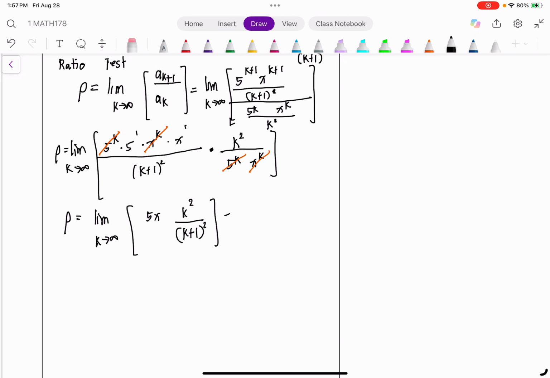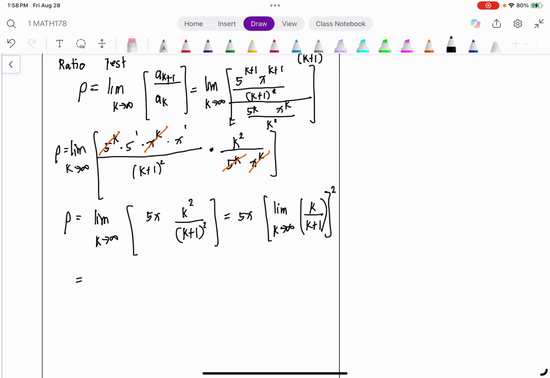We're going to apply properties of limits so we can factor out the expression without the variable k. And then we have the limit as k approaches infinity of k over k plus 1 quantity squared. So we can evaluate the limit of the quotient first, and after which we square the result.